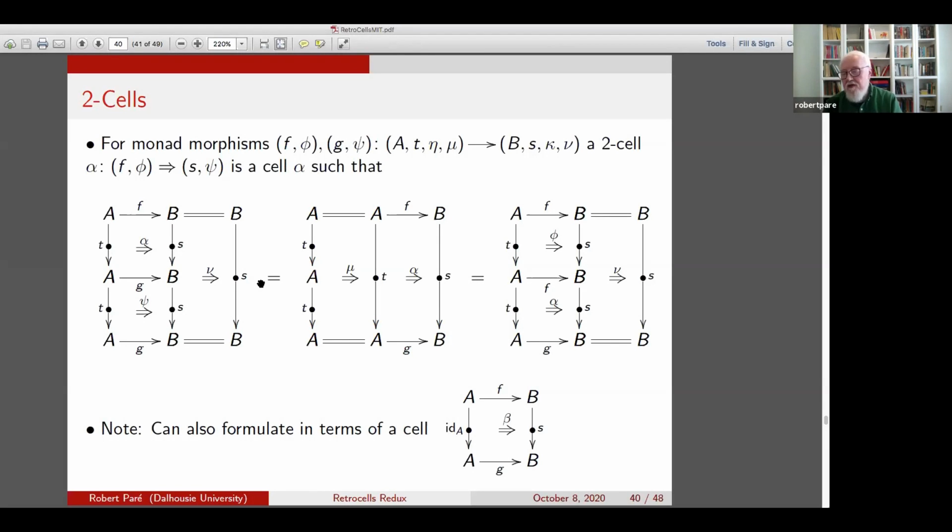They have a different two-category of monads. It's the same one-cells, but the two-cells are a bit more general. But you can actually generalize that a little bit more and just say that it's simply a cell whose domain is T and whose codomain is S, with F and G, and it's compatible with these. So this is what a morphism of monads is.